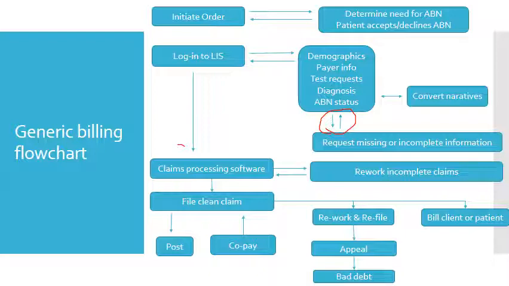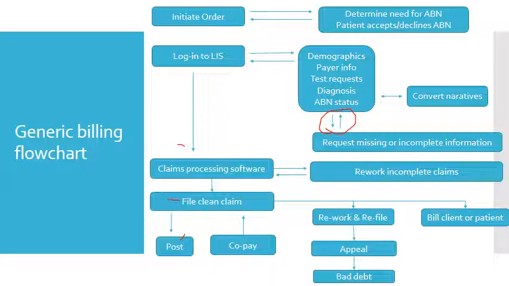Again, incomplete claims will go back and forth if the insurance company, or whoever's paying, the payer, says, oh, this isn't complete, they'll request more information. Eventually you get to a clean claim, where all the information is there and you can send it off to your insurance company and post it.